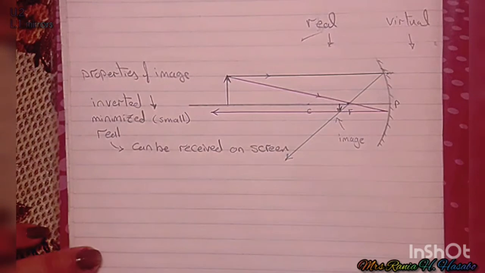It is a real image, formed from the intersection of the two reflected rays. Repeat the step several times by changing the position of the object each time.